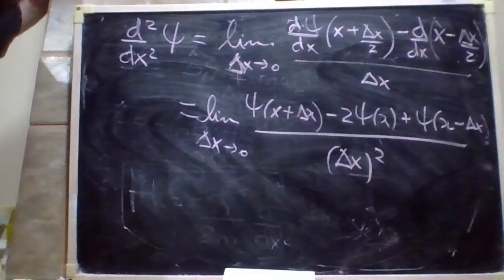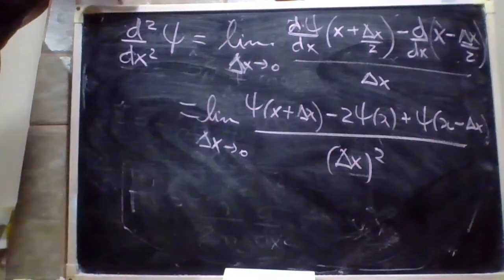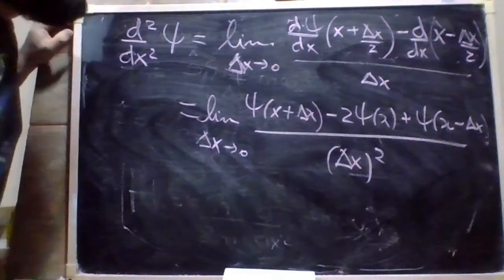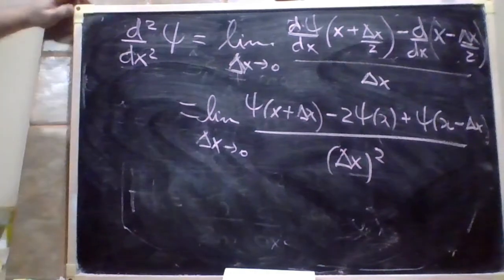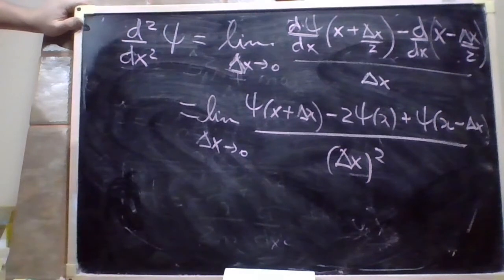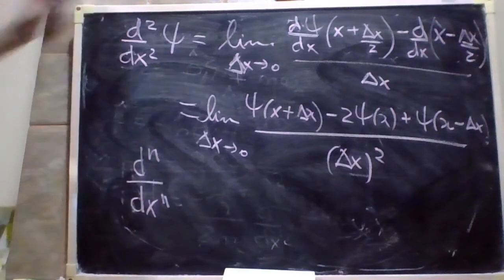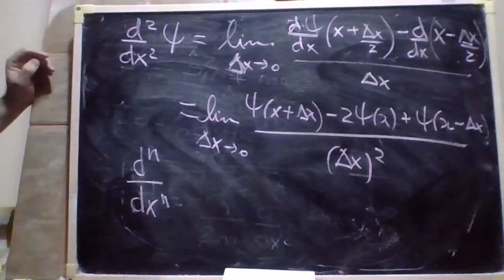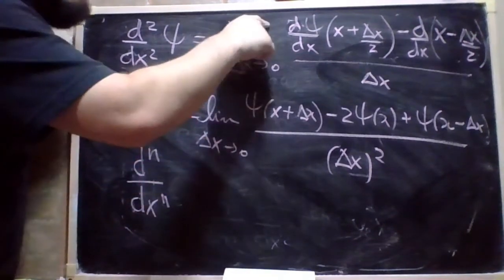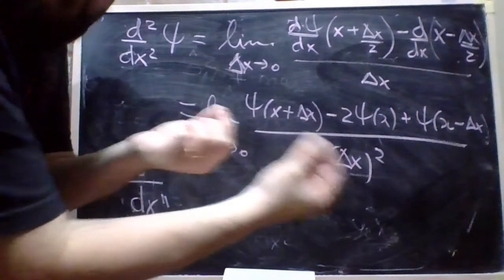So you can also find generalizations for n-th order derivatives. All right, it's very interesting to find out. So if you are interested in finding more general situations, try to find out what this representation is. So the third order derivative is 1 over delta x times the second derivative minus the second derivative evaluated at neighboring points.